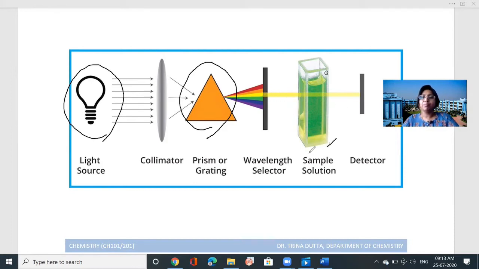When it passes through the sample, based on absorption, or on how much is transmitted through this sample, we can understand which material exists in this solution. That is the basic principle. Now I will show a video, then you will be clearer about this.